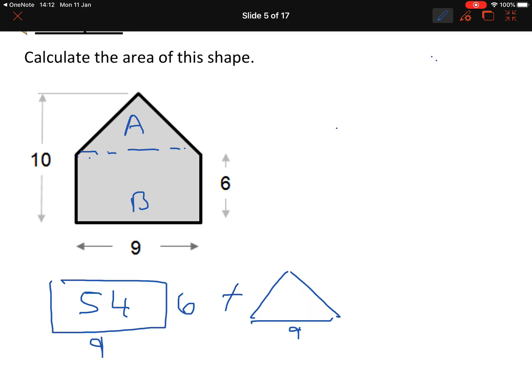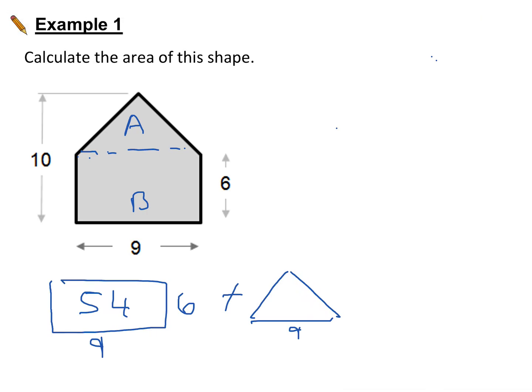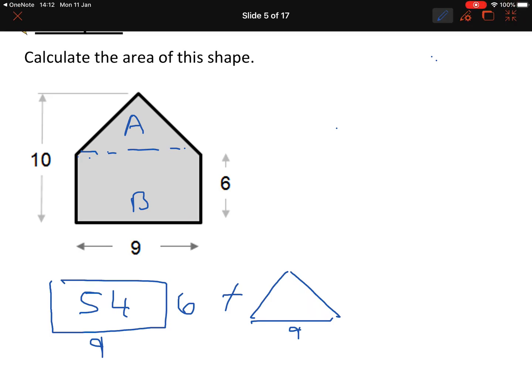So the base is 9. Now be careful with the height. We know that the height of the whole thing is going to be 10 centimeters, and the height of the rectangle is going to be 6 centimeters.